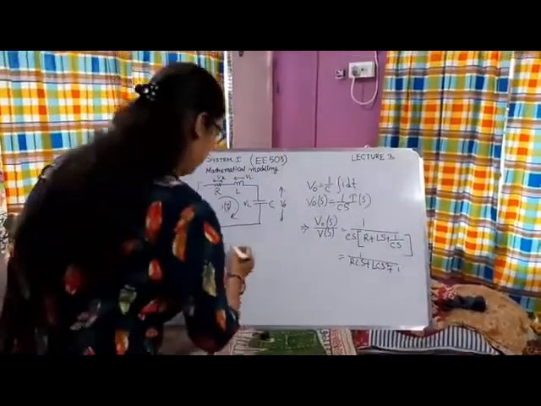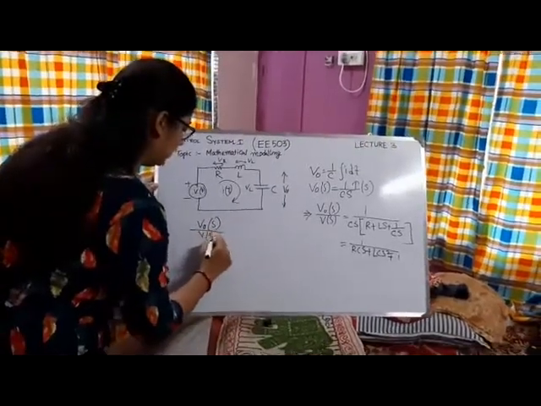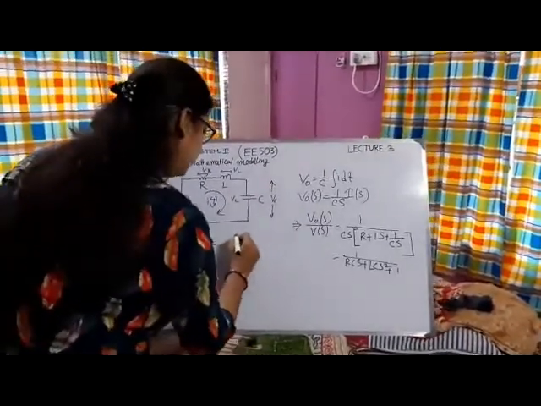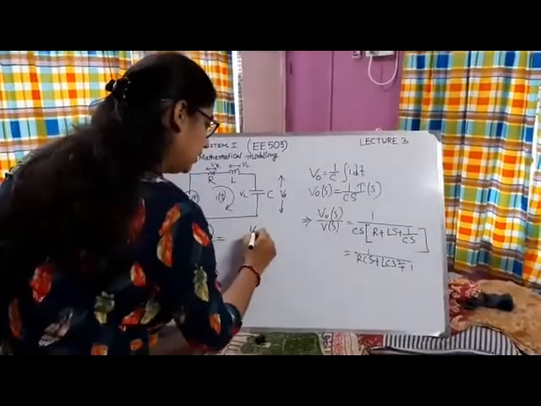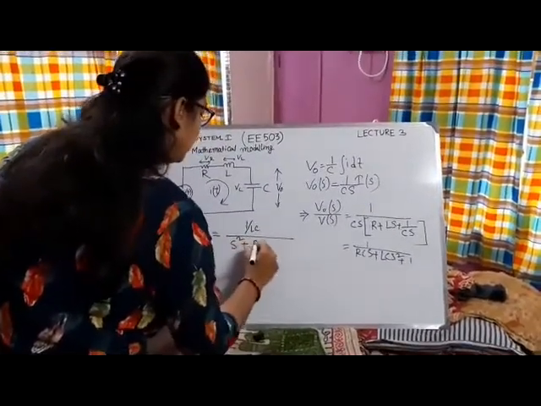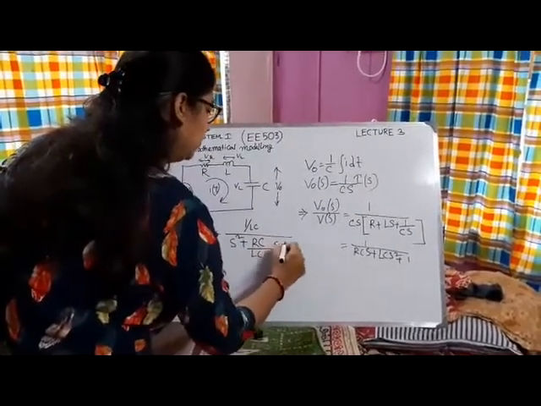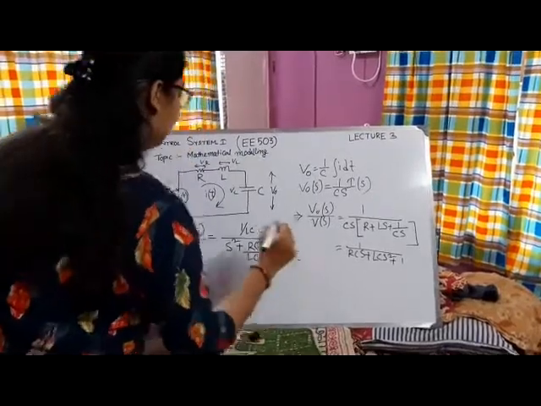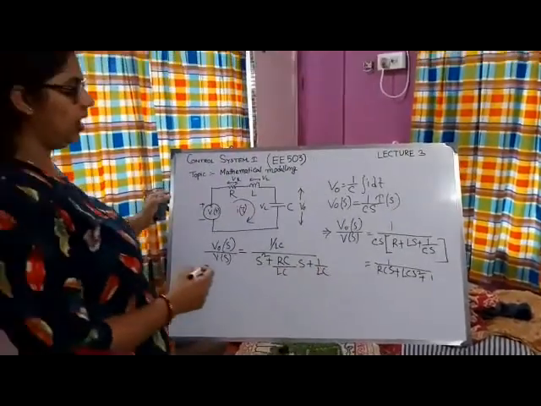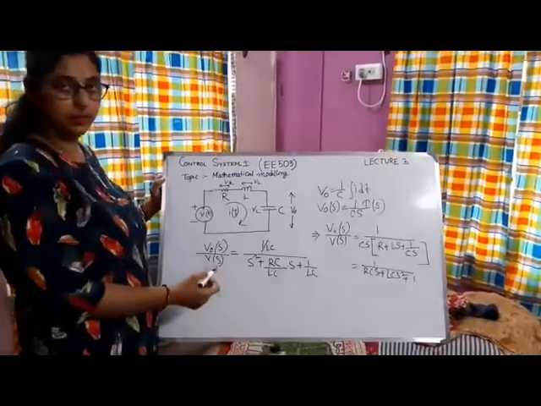Now V0(s) by V(s) can also be written as 1 by LC divided by s square plus R by L into s plus 1 by LC. This is the transfer function of this mathematical model.